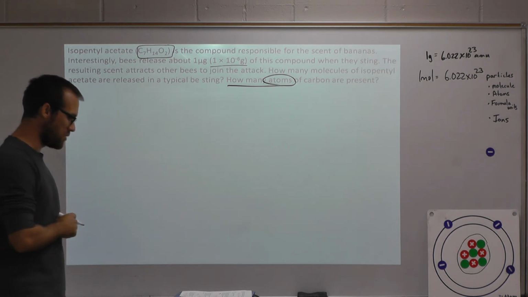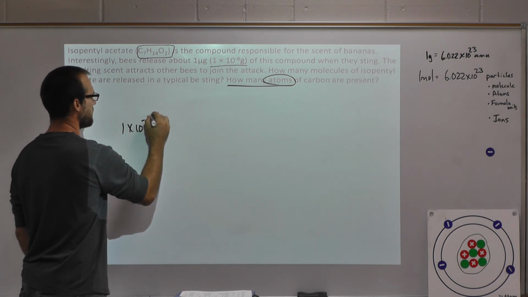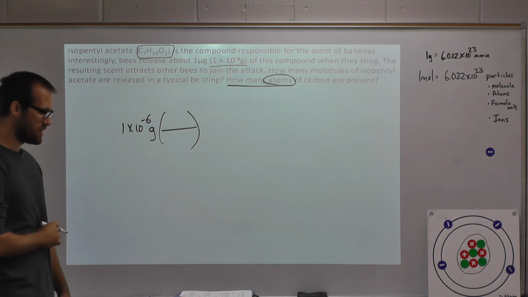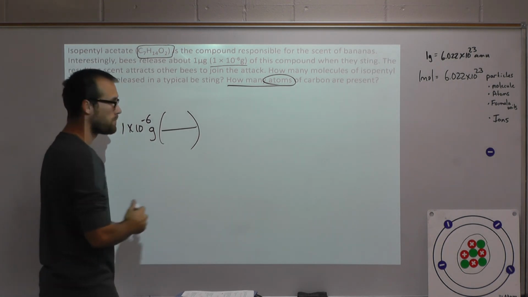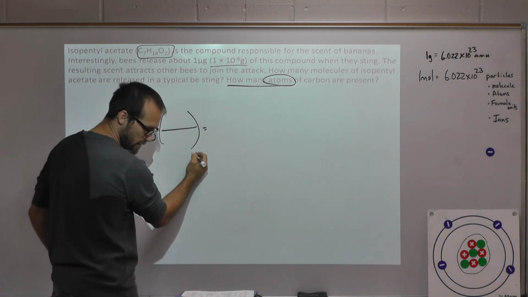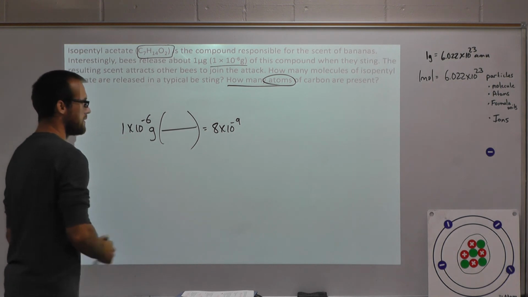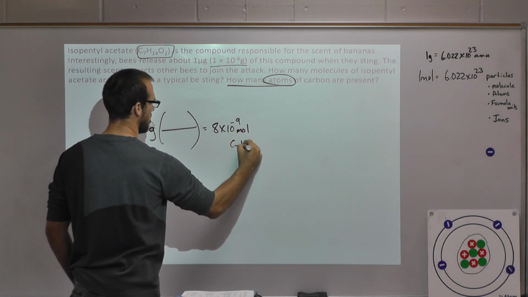All right. So you would take your 1 times 10 to the 6th. You would take that, and using your molar mass, you would figure out how many moles you have. I'll just give you the number here. 8 times 10 to the negative 9 moles of my thing.